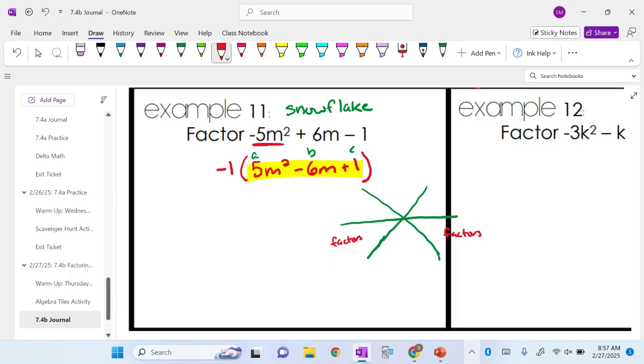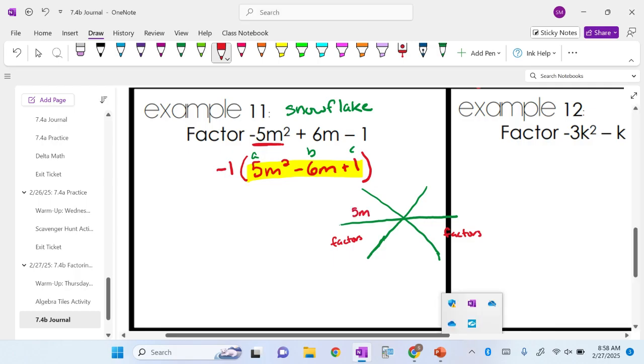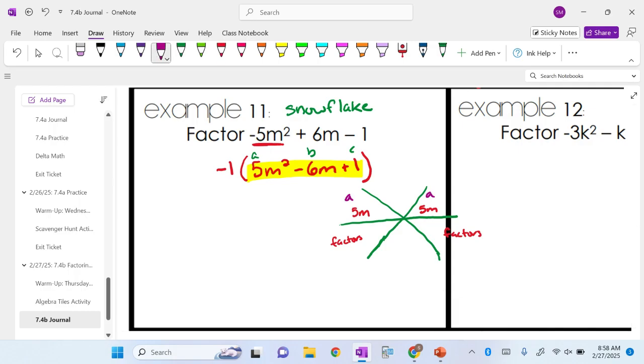And then up top, you're going to put your original A value, so 5m. So you put your A value up top and whatever the variable is. In this case, it's an M, so we're just going to put an M.